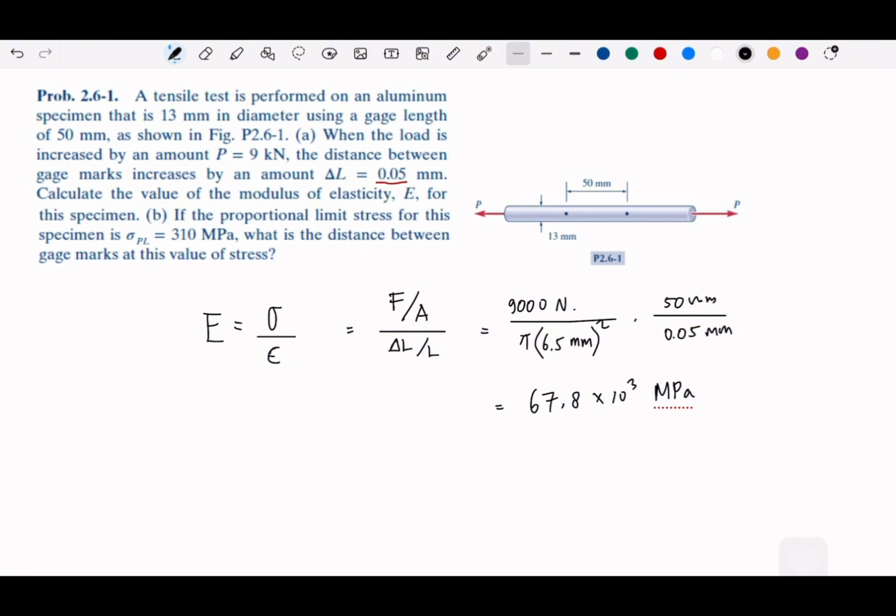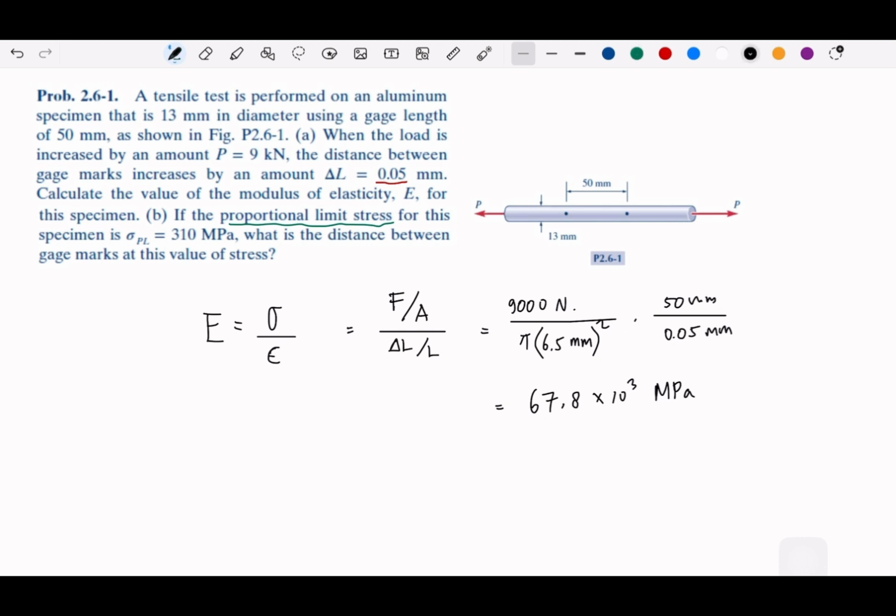Okay, so that's the E. And then I think this is not really a long question. Suppose that we have the second question here, the proportional limit stress. Okay, proportional limit stress. So what is proportional limit? Okay.